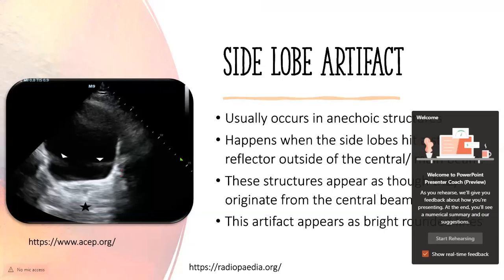And they hit a highly reflective target, and it appears as though they originated from the central beam. This causes bright, round lines within an anechoic structure. As we can see, pointed by the arrows, these two side lobe artifacts.